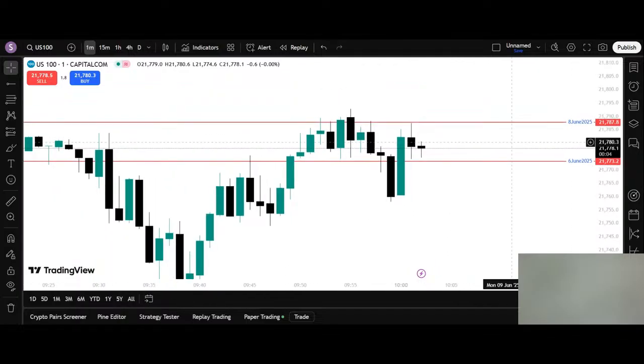Price is honestly not that volatile. It's giving very short moves.